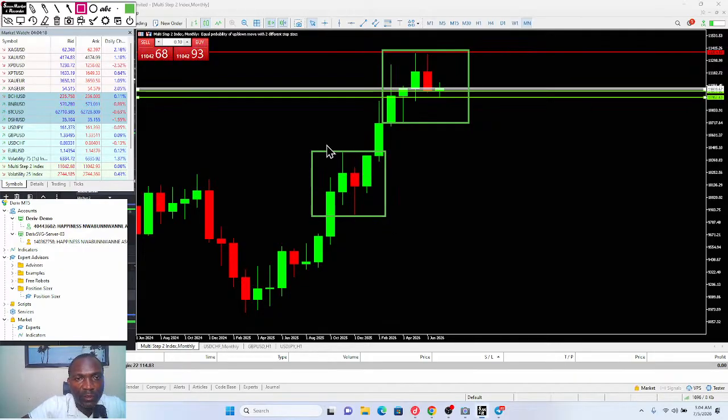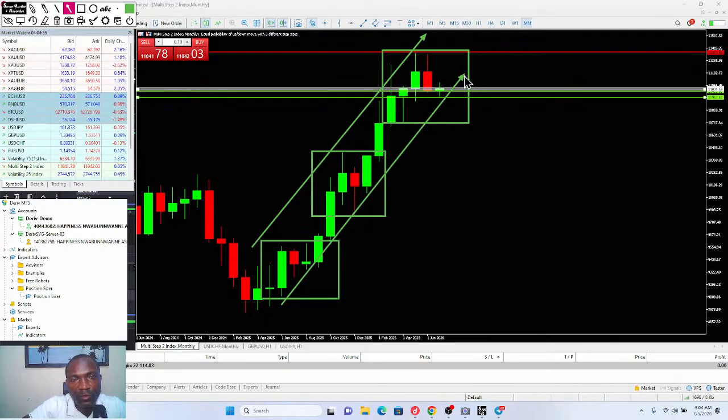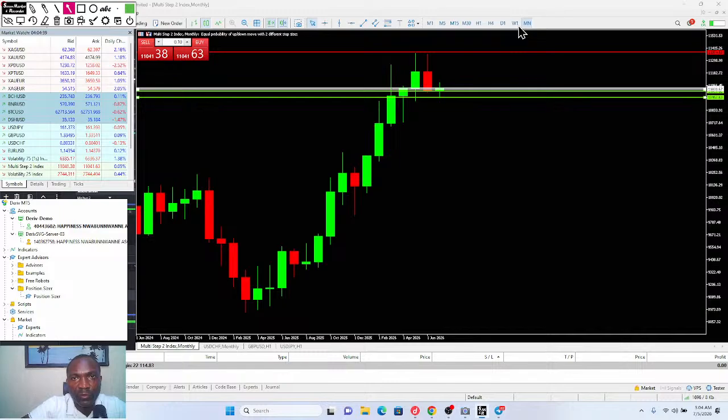So right there, this is the higher high, and this is the higher low. Also here, this is the higher high, this is the higher low. So from there you can see your uptrend is well defined. So now for the month, we've known that it's an uptrend.